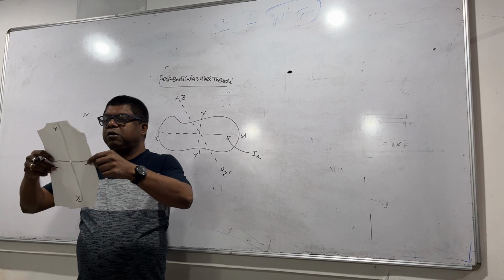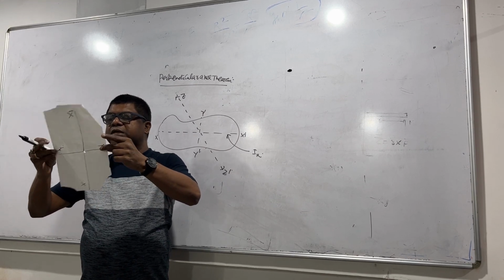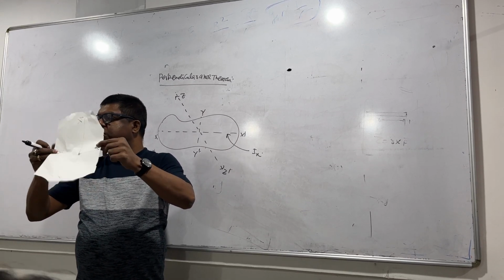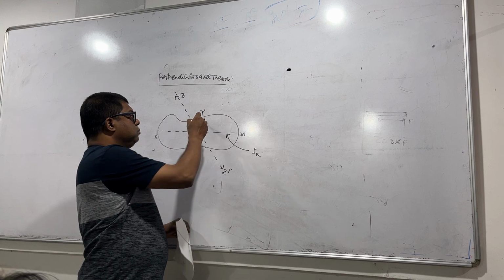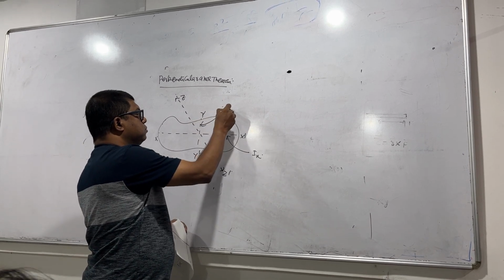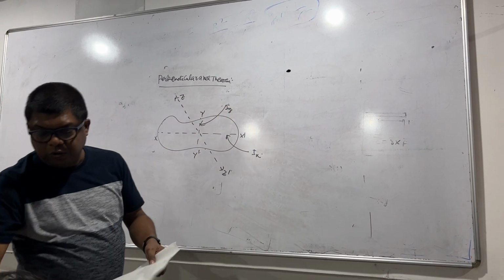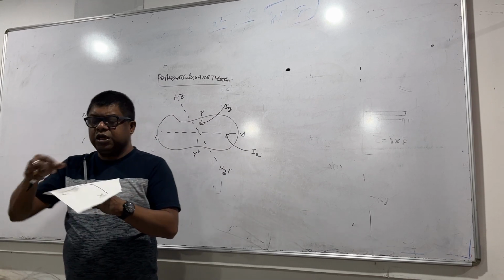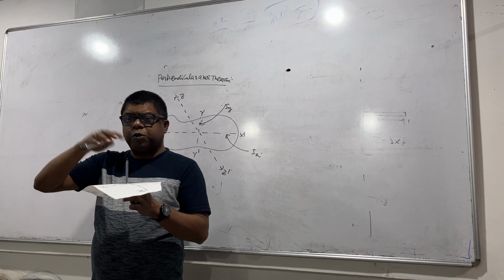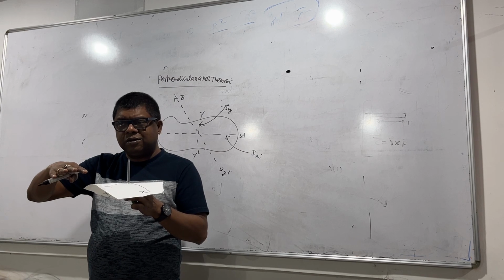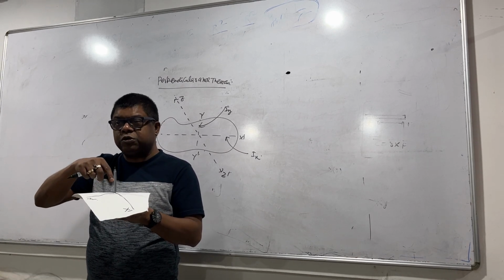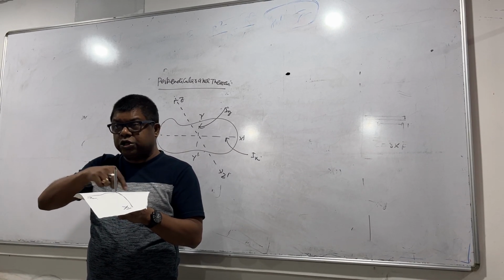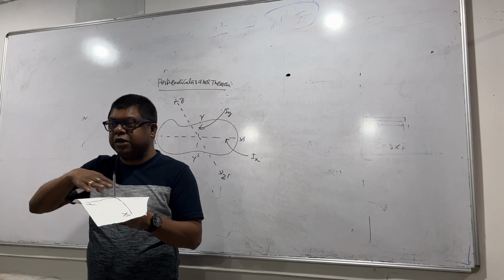If we rotate it about the y-axis, its moment of inertia is Iy. If we rotate it about the z-axis, that is the axis perpendicular to the plane of lamina passing through the intersection of the two axes lying on the plane of lamina.